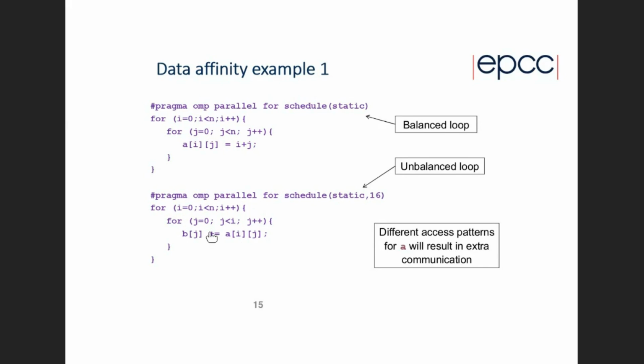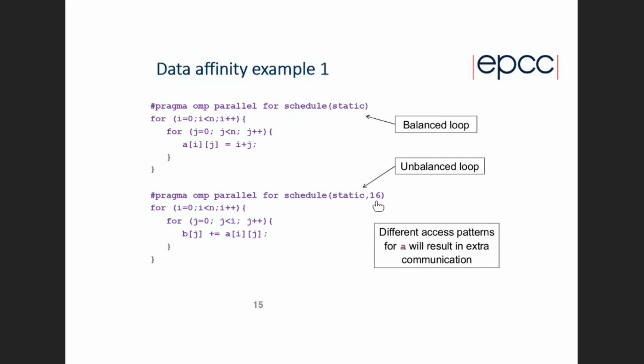It's badly balanced because the length of the J loop depends on I. So this is one of these triangular loop nests. Because the I loop is badly balanced, to avoid load imbalance overheads, you might use, for example, a static schedule with some chunk size.